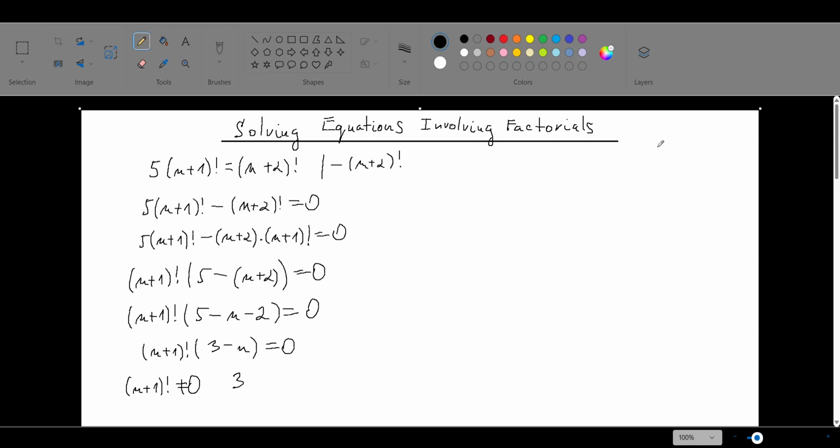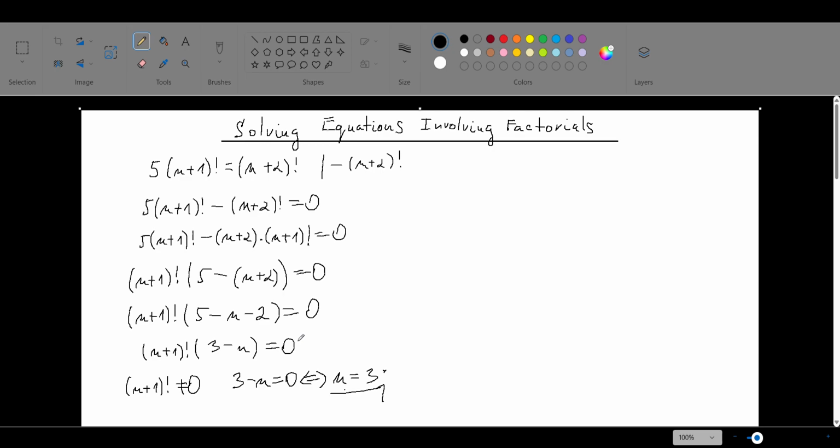So then the only expression that can be equal to 0 is the expression in the second parenthesis, so 3 take away n must be equal to 0, and this is if and only if n is equal to 3.